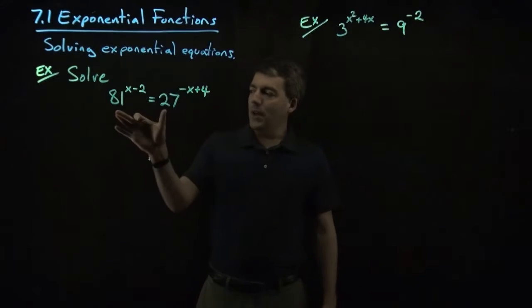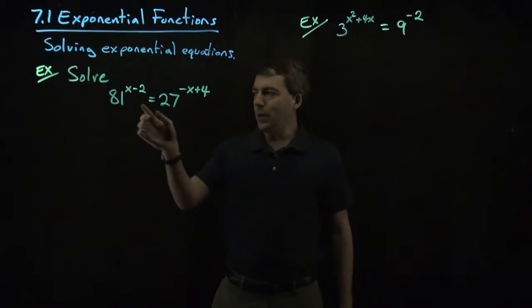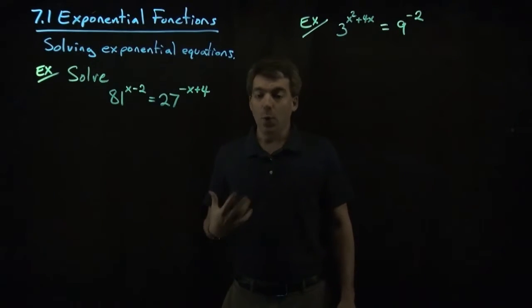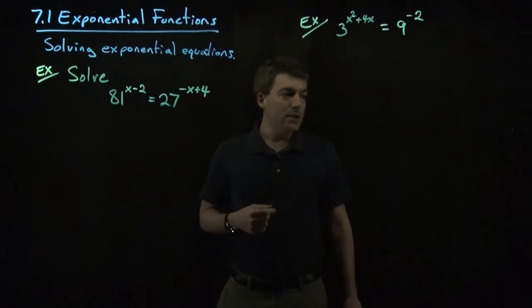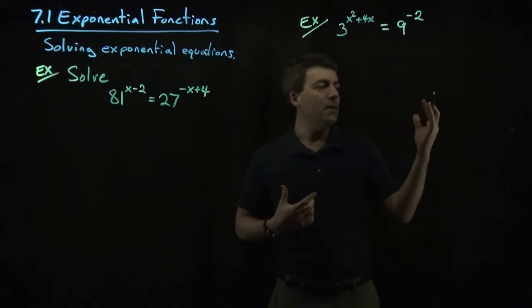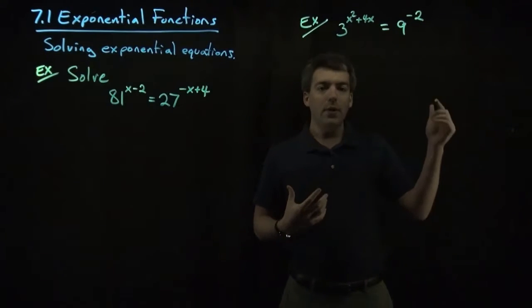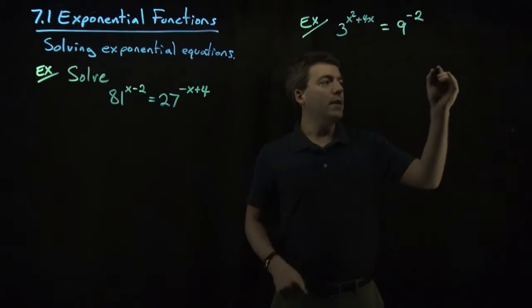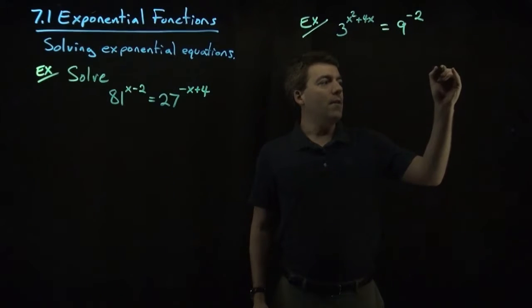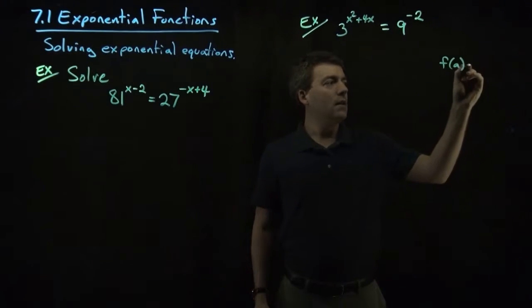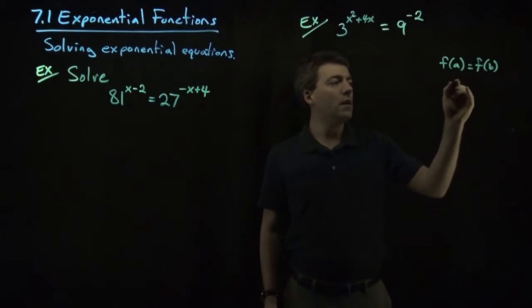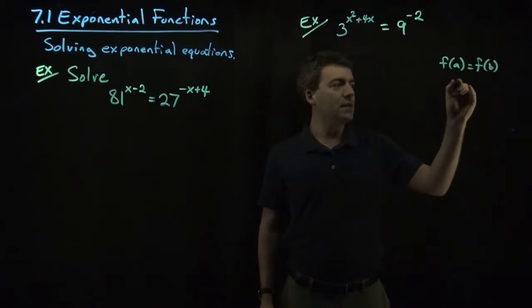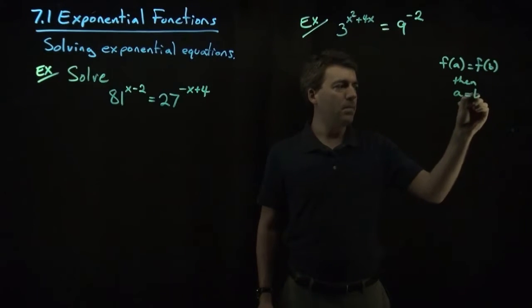Now the way we solve an exponential equation, in other words, how we get at these variables, is to use the one-to-one property of exponential functions. Let me write this out to the side here. A one-to-one function is one such that if f of a equals f of b, then we know that a equals b.